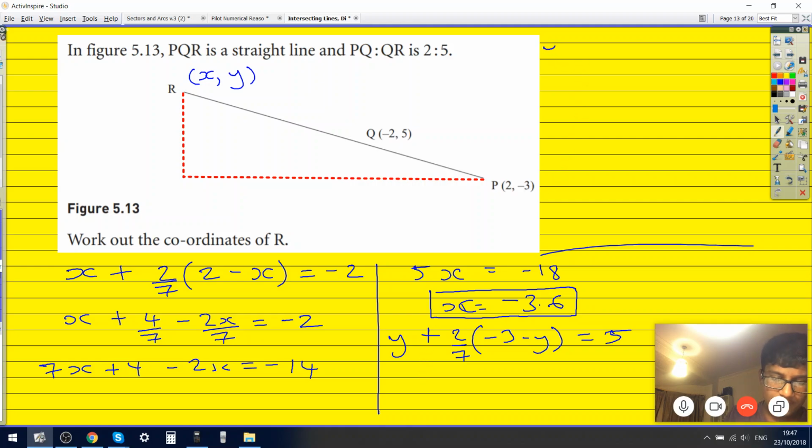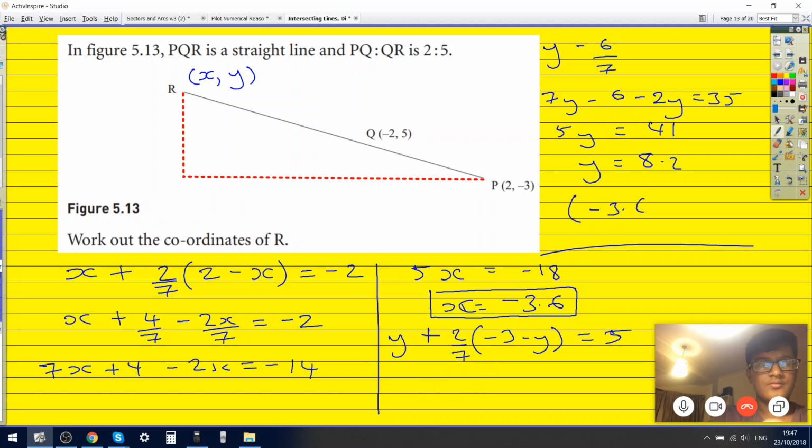So I've got y minus 6 minus, so 7y minus 6 minus 2y is 35. So 5y is 41, so y is 8.2. So that's our coordinate there.